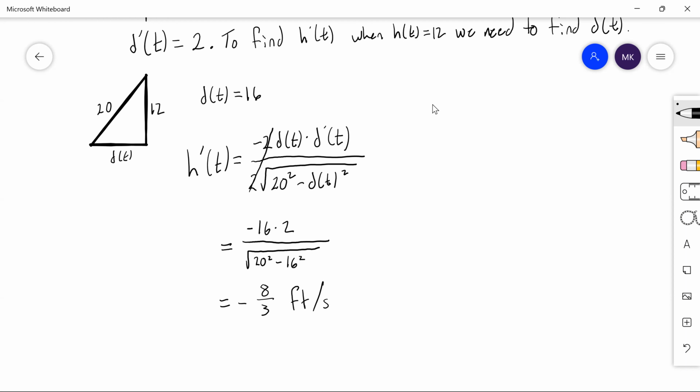Little checks like that, because the most common mistake I see when you understand the material but make a mistake is usually dropping a negative or making a positive a negative, changing signs. And so if you just think, okay, the ladder's falling, so I know the derivative needs to be negative at this value. And at the end, if you end up with a positive number, be like, whoa, I made a mistake, and go back through your work and see if you dropped a negative somewhere. So any questions on that problem?